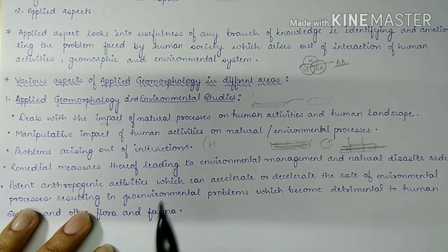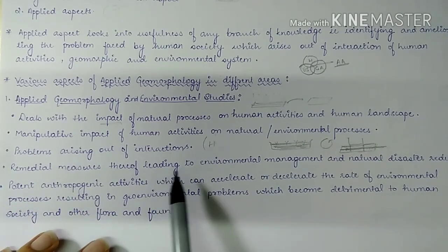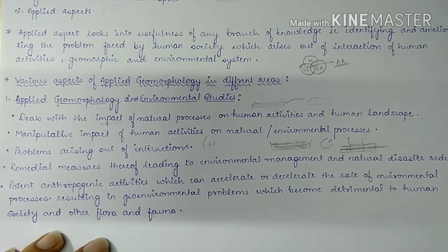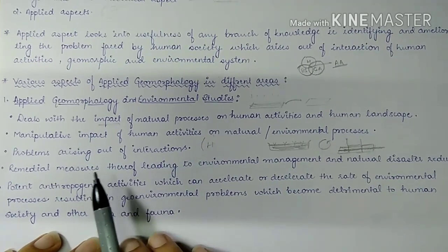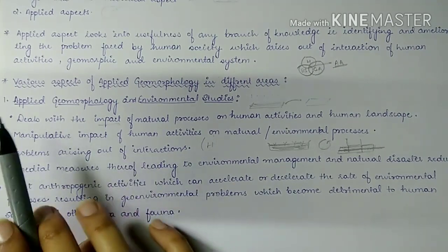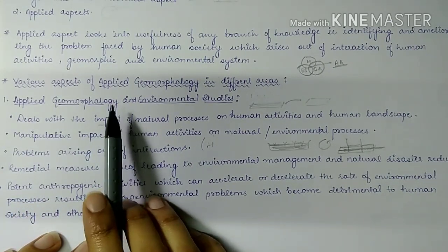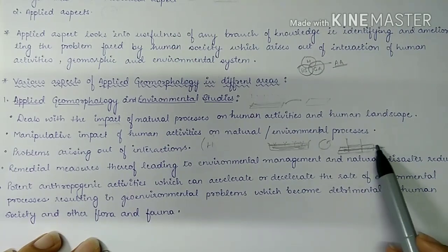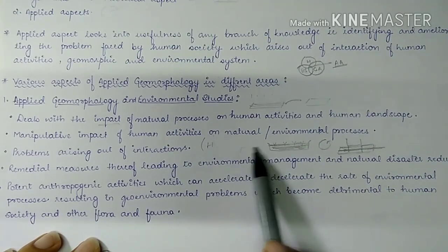Now all the remedial measures leading to environmental management and natural disaster reduction are also propounded by the use of applied geomorphology. For example, if we are building a dam, we will look into what sort of area it is.